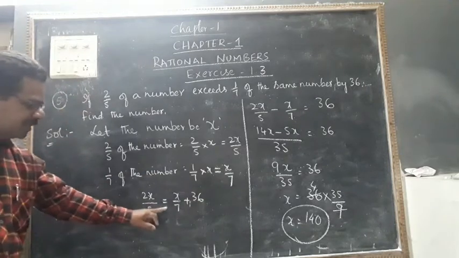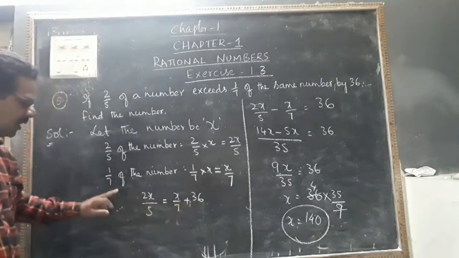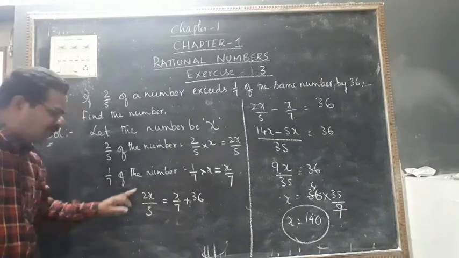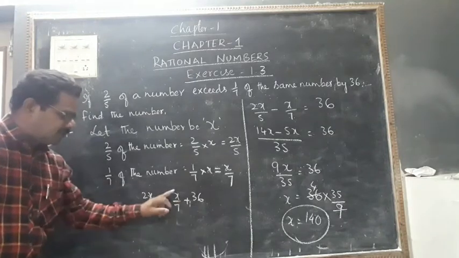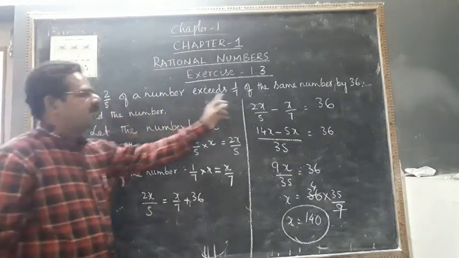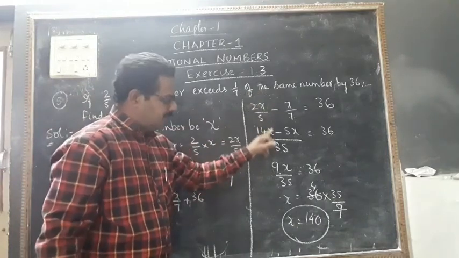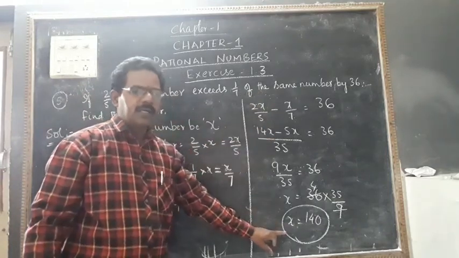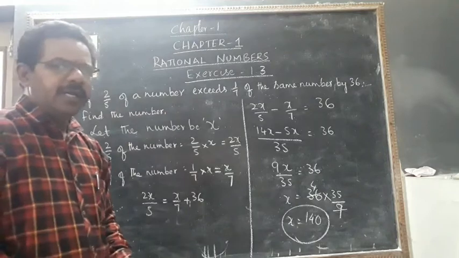So 2x by 5 is equal to x by 7 plus 36. This is according to the problem they have given. We simplified, and finally we got the answer, x is equal to 140.